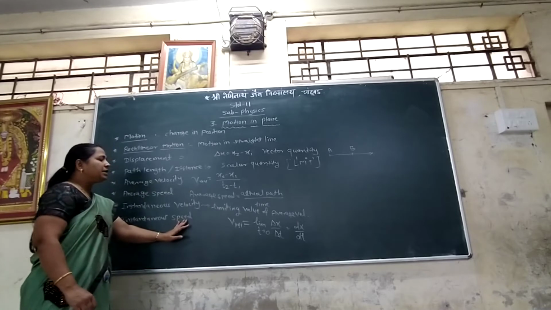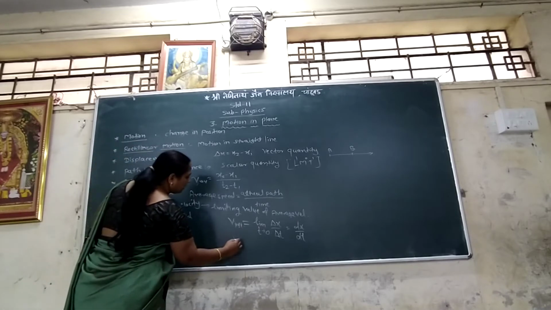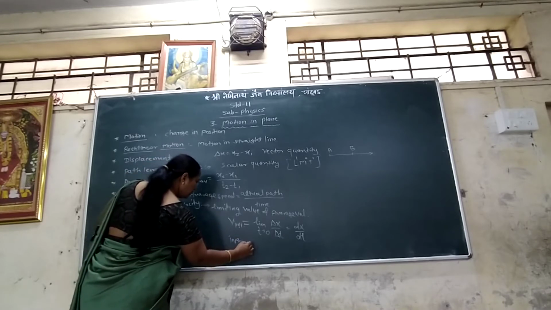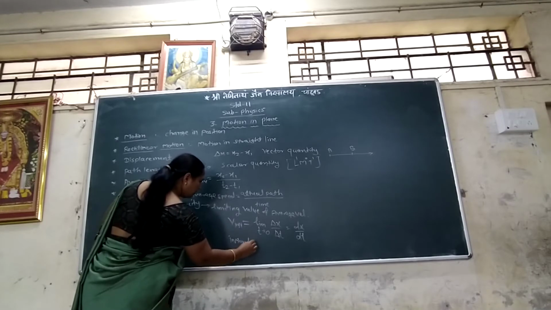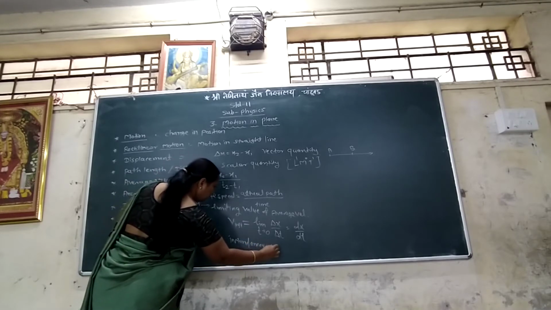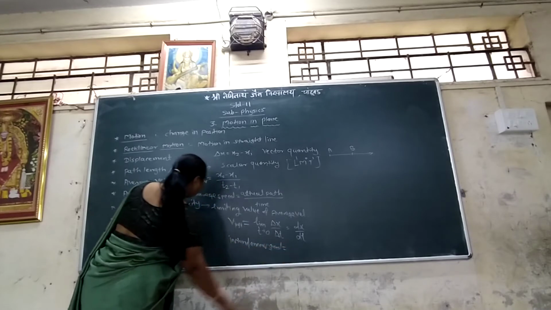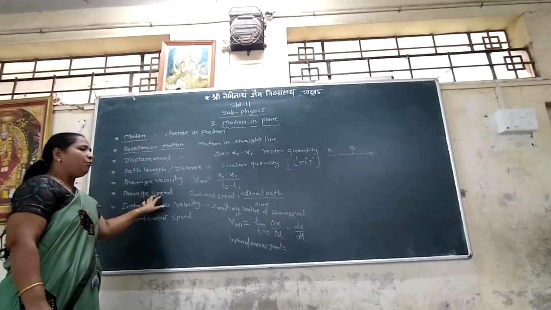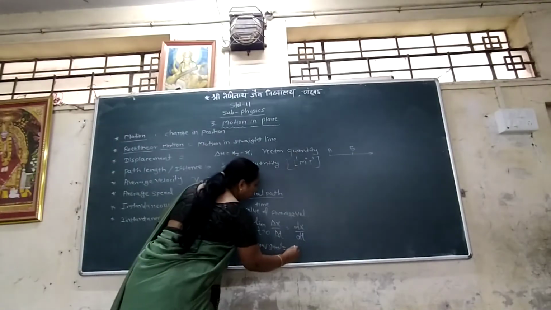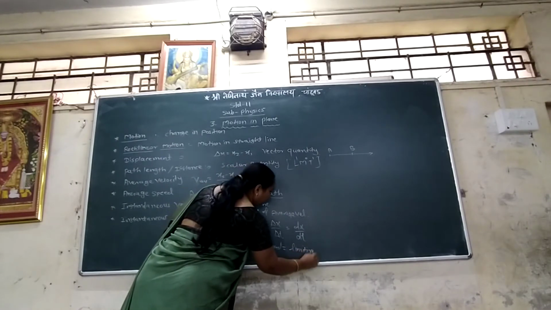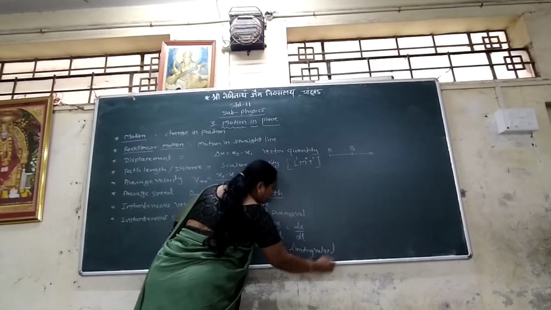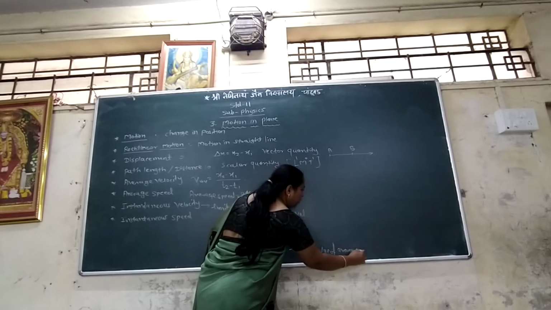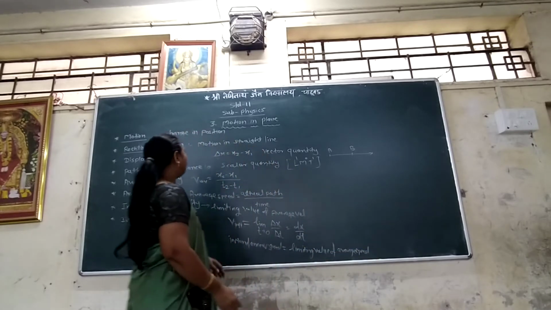And the limiting value of average speed is known as instantaneous speed.